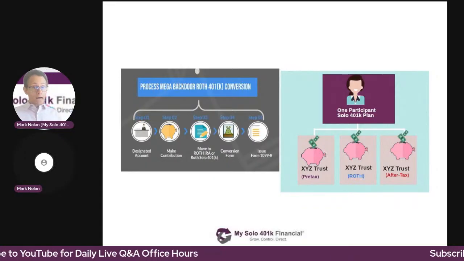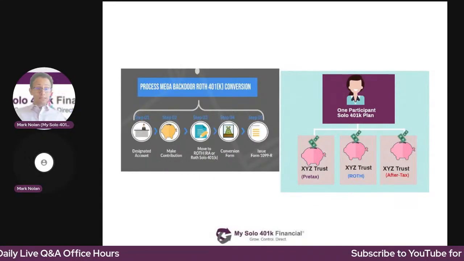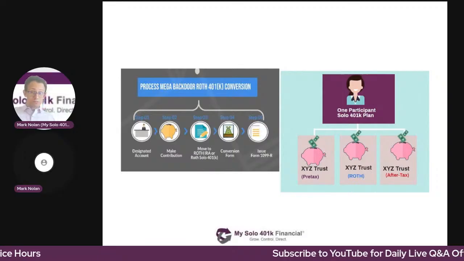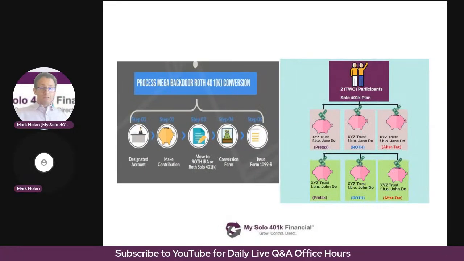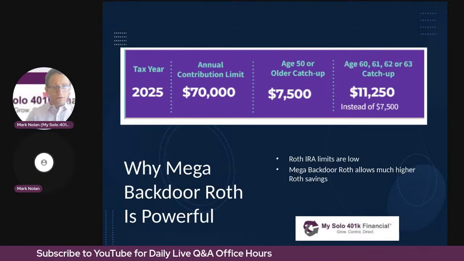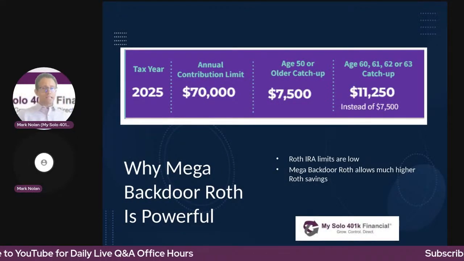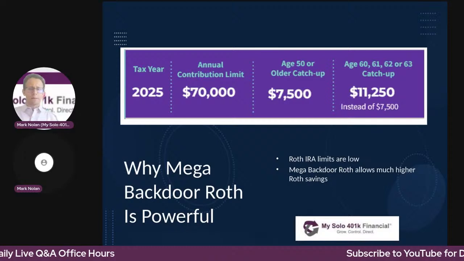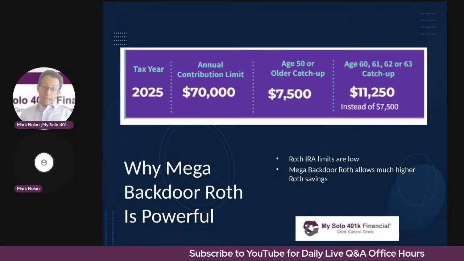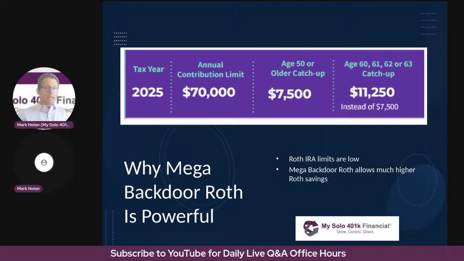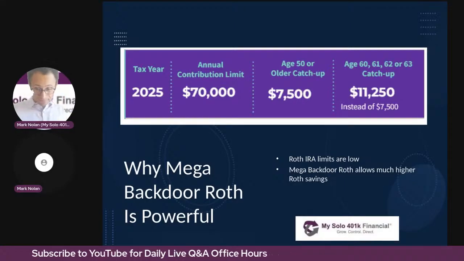And if both spouses are self-employed in the same business, now you're talking about times two. So $70,000 each for a total of $140,000 in conversions of voluntary after-tax funds to the Roth solo 401k. Keep in mind, you can never make catch-up contributions to the voluntary after-tax solo 401k. That's an IRS regulation.